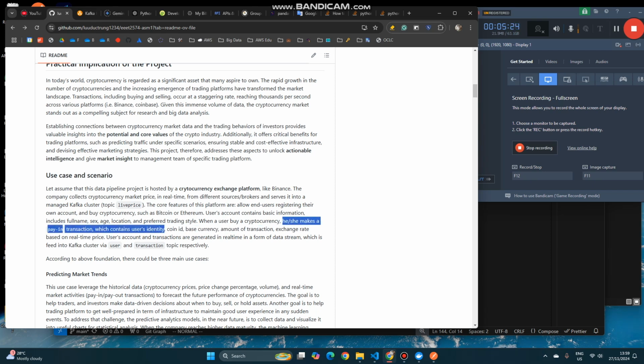That is where the pay-in transaction comes in. So we are going to generate the fake user account data and the fake pay-in transaction. With this data stream, we collect all of that and feed it into the Kafka cluster, and then use Kafka Connect to sync that data into a NoSQL database like Cassandra.